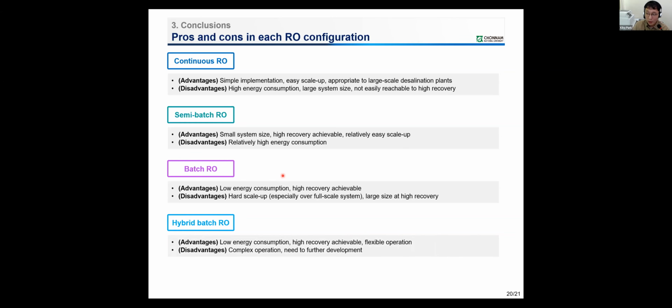And over 90% recovery, the hybrid batch RO system would be a better solution than the batch RO system. However, the disadvantage is complex operation, and it is just at the step of theoretical understanding, and we have to think about the validation and then installation of the pilot scale. It is the remaining topic of the research.